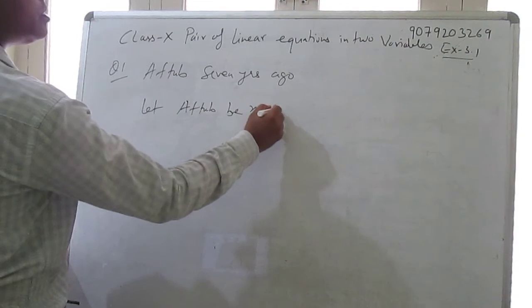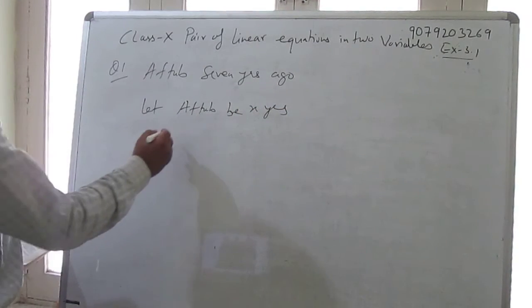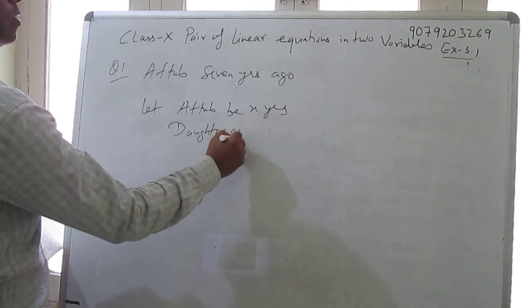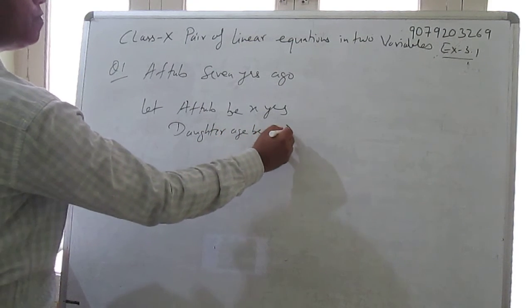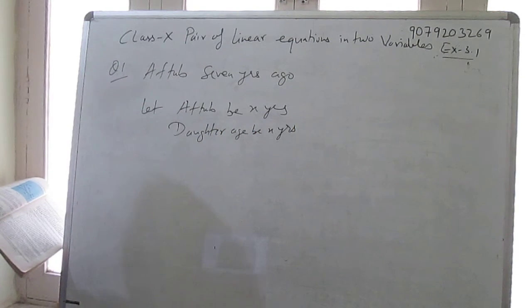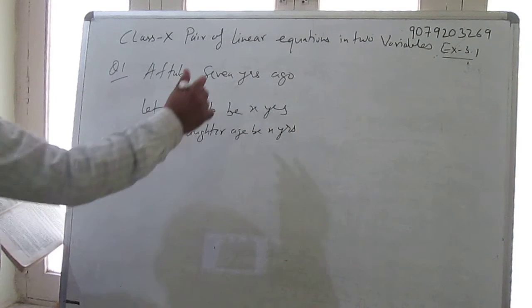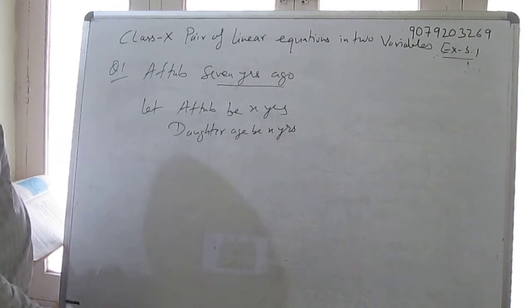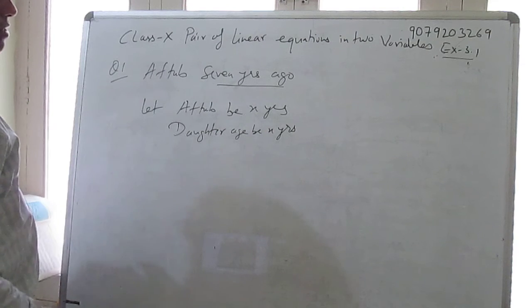be x years and daughter's age be y years. Aftab tells his daughter, 7 years ago I was 7 times as old as you were then.